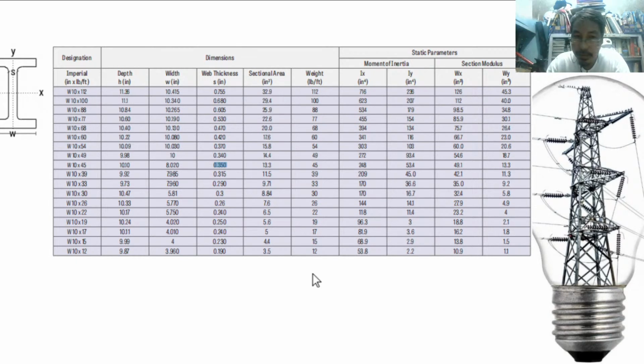You know the web thickness, so just subtract from the total area. Solve the total area of the section, subtract it, and then divide by the width of the flange so that you can get the thickness. You can do it on your own.